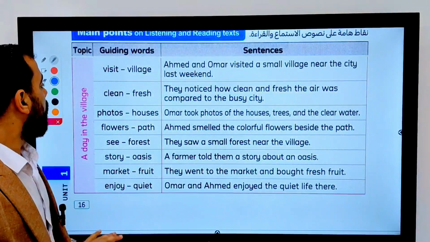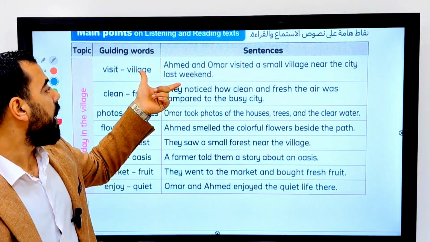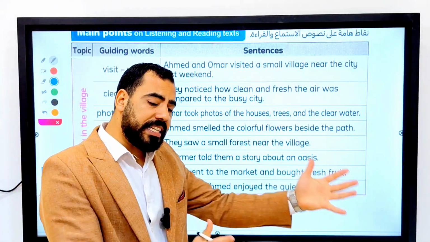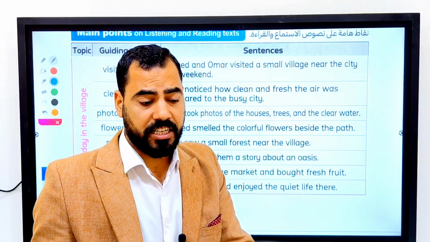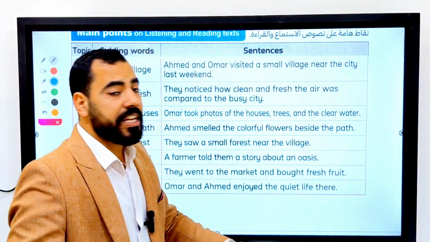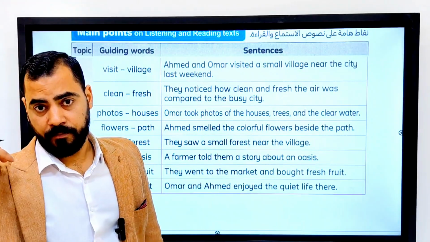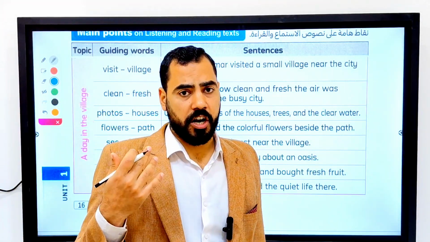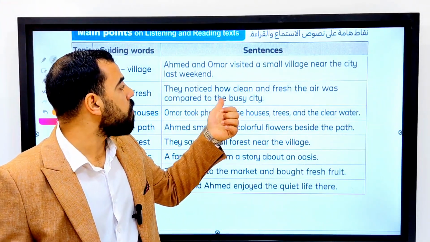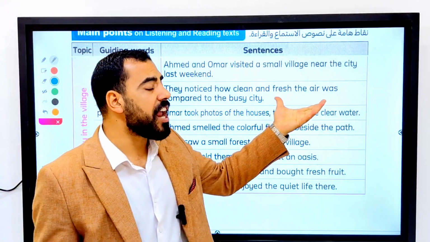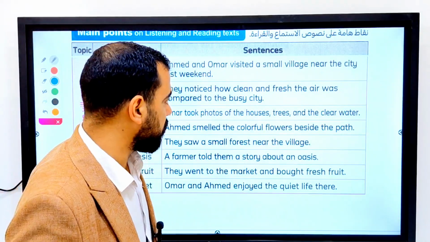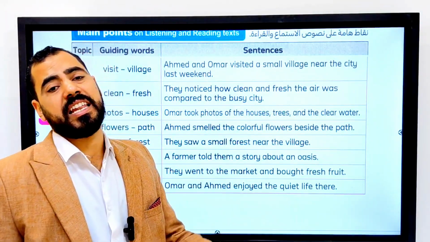Now let's read this sentence again. Ahmed and Omar visited a small village near the city. So they live in the city, like Alexandria, and they visited a village near the city. When? Last weekend. So last Friday and Saturday. Number two, they noticed how clean the fresh air was. So the air was clean and fresh compared to the busy city.